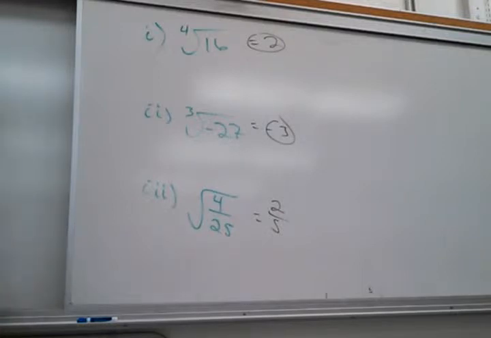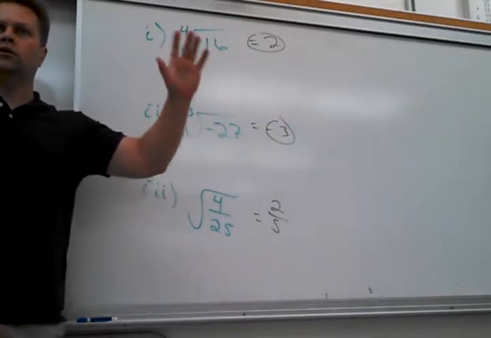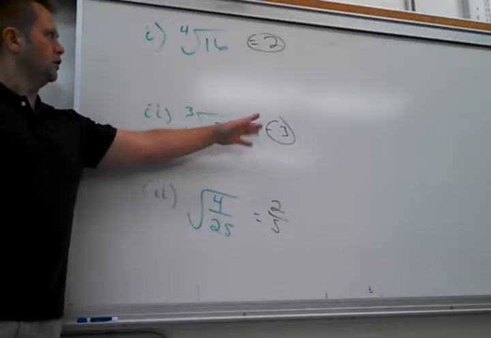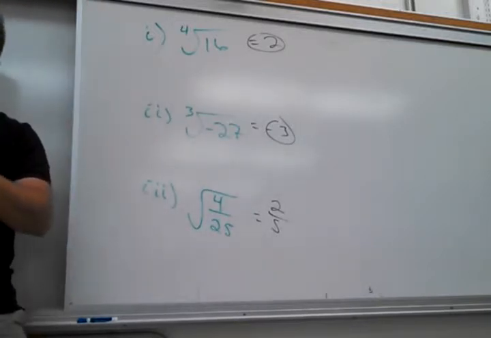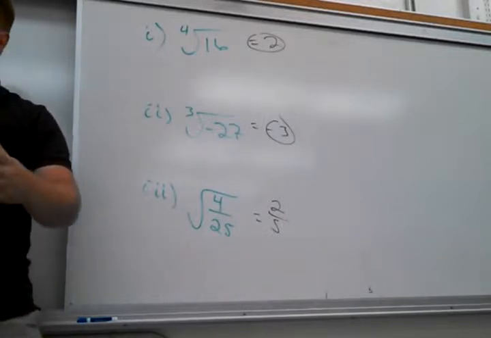I really want you to understand this. If you got 2 fifths and then said equals 0.4, okay. But if in the homework I see nothing but decimals for these, that's a problem, because that means they're coming from the wrong place, right?